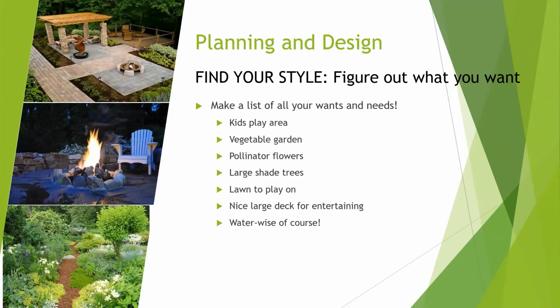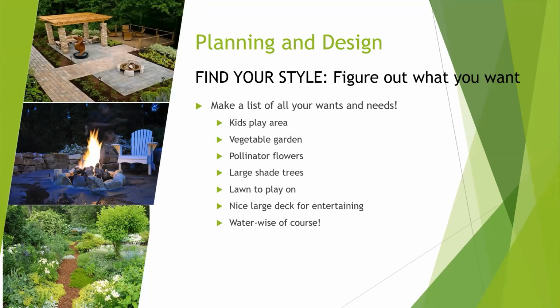Okay, so now that you are familiar with the elements of art and the principles of design, now what does it take for you to figure out what you want? There are a lot of different things that you can do in your yard, and it's really a matter of finding some inspiration and figuring out what you want and what you need in your yard.